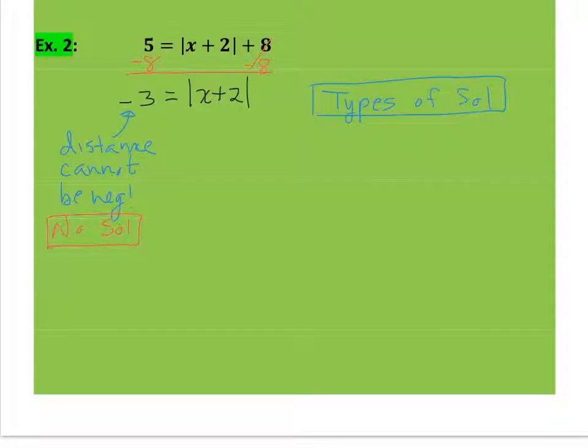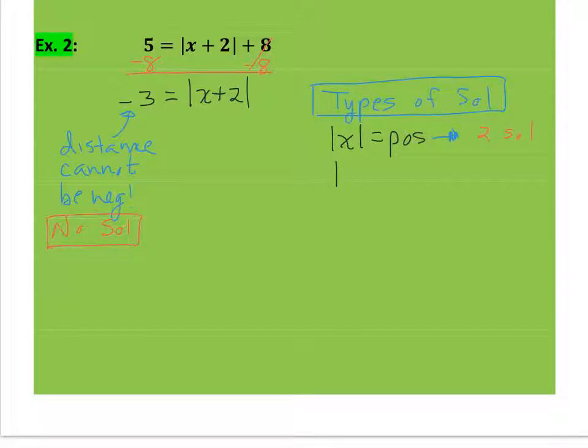So the types of solutions you have would be if the absolute value of x is equal to a positive number, that is going to give you two solutions.